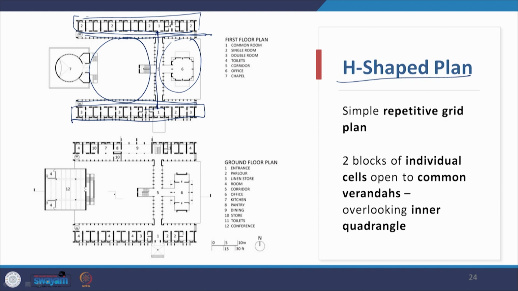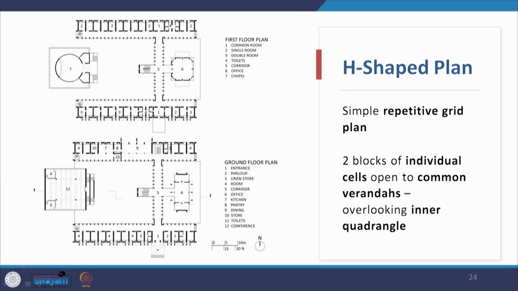If you look at the ground floor plan, you have the same two wings on either side, you have the verandas and you have this connecting corridor and the quadrangle. You have an auditorium on one side, you have a common room on the other, and at the ground level the grid is so simple that it can easily be turned into a larger unit.